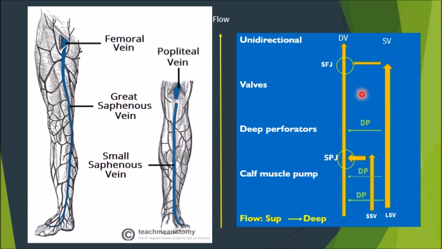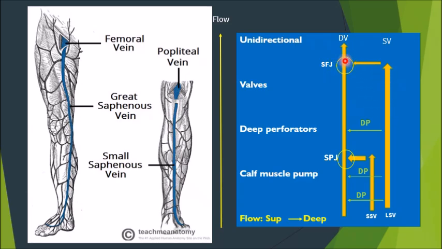Okay, for example, occluding the SF junction and asking the patient to stand, the blood does not drain back into the saphenous system here, the long saphenous system or the short saphenous system. Therefore, the veins are not seen. So when you release the pressure, if the veins fill up rapidly from above, then you know it is SF junction incompetence.